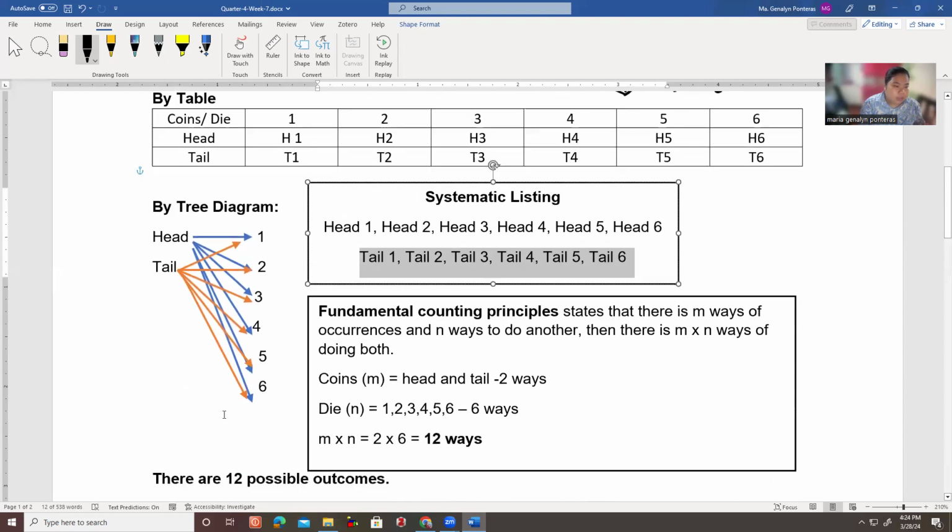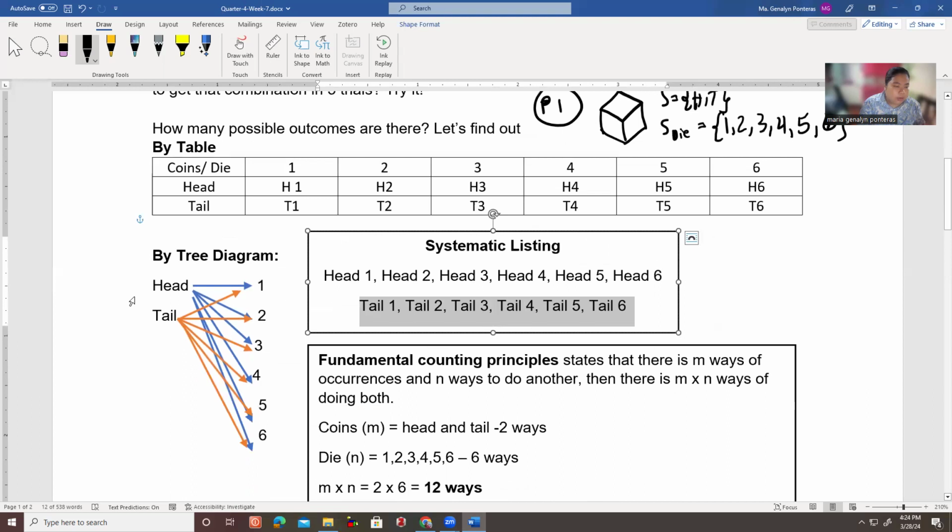Now let's have the tree diagram. In the left part, you have head and tail, which is the outcome for the coin. And in the right part, you have 1, 2, 3, 4, 5, 6, which is the outcome for the die. So if head is paired with each possible outcome of the die, you have 6 pairs. The same goes with tail. If it is paired with the 6 numbers, you have 6 pairs as well.